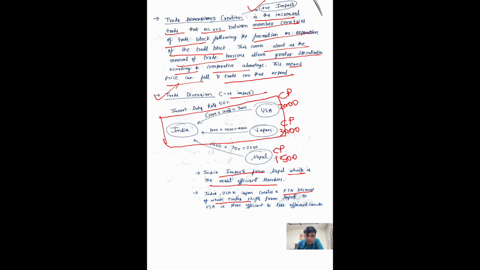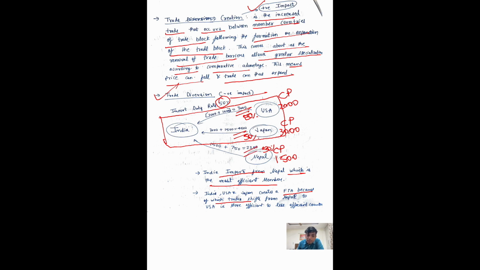So between these countries, all the rates of import duties were removed. So earlier it was 50% import duty on imports from US, 50% import duty from Japan, and 50% import duty from Nepal. So earlier, the cost price was coming out to be 3000 from USA, 4500 from Japan, and 2250 from Nepal.